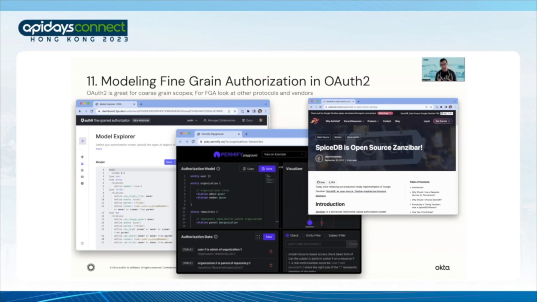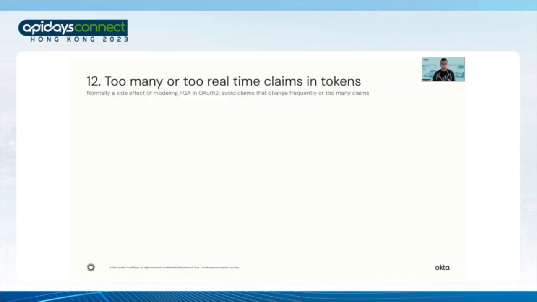What happens if you try to model fine-grained authorization on top of the JWT access tokens in OAuth2 is my pitfall number 12, where you end up with too many or too real-time claims in your tokens.